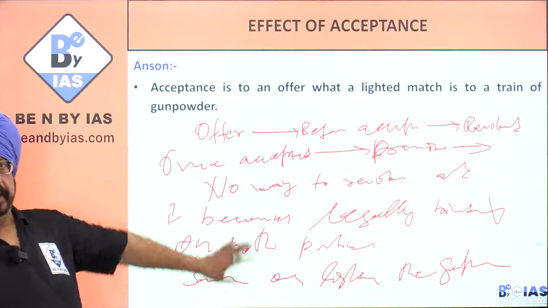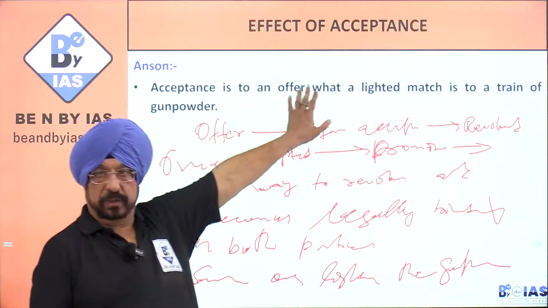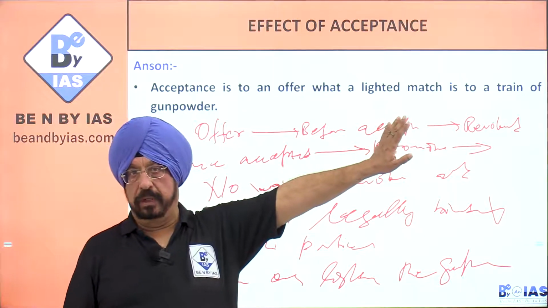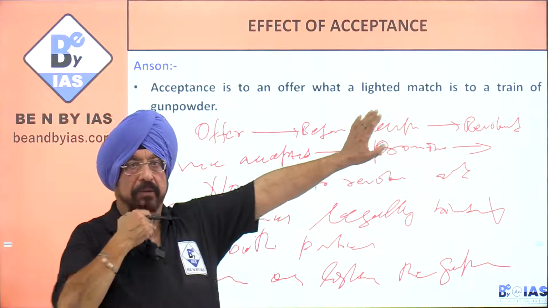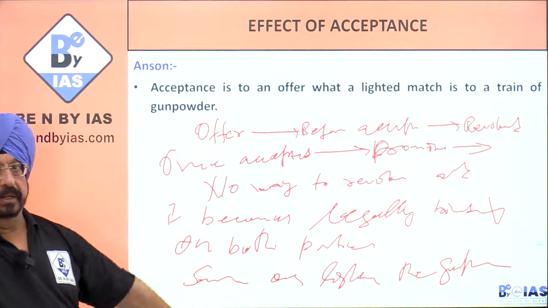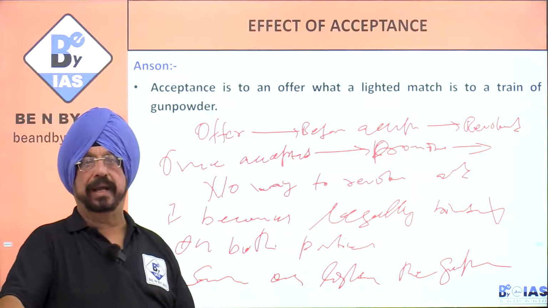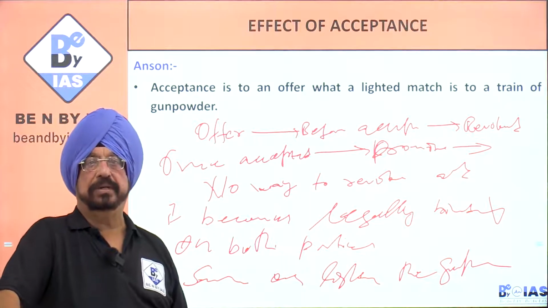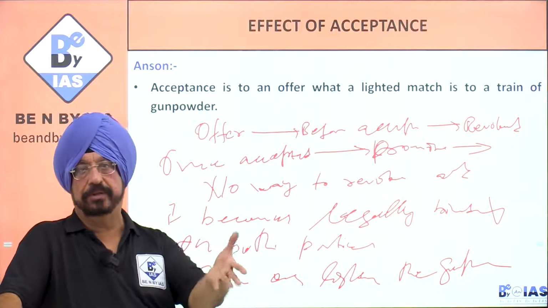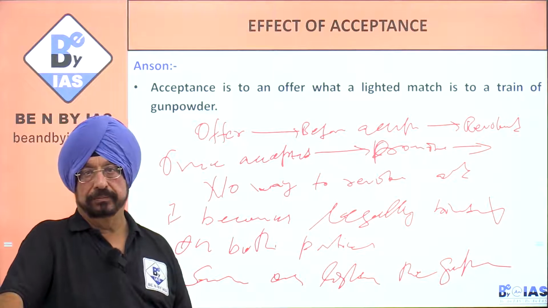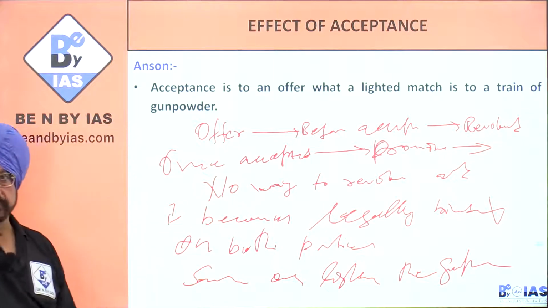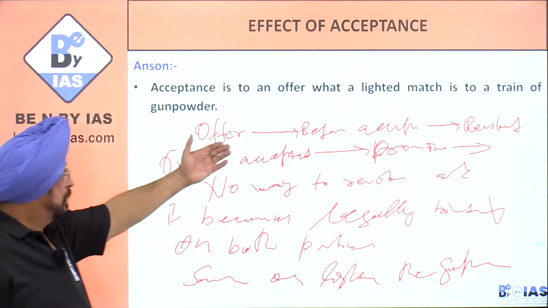Now tell me, if this question has been asked in your examination, and what I have written here, if you write even this much, you are going to get, if not 100%, at least 90% marks. Just write this much. And how many words?